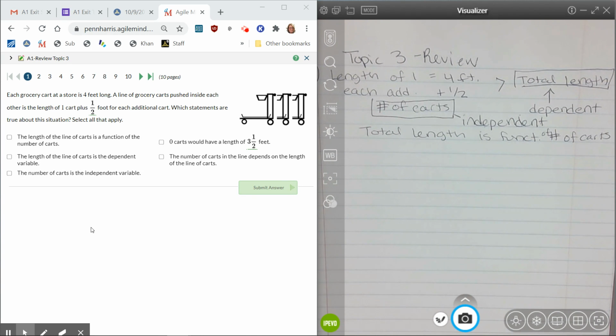Okay, so with this, let's go through these check boxes. It says the length of the line of carts is a function of the number of carts. Total length is a function of carts, so we'll go ahead and check that box.